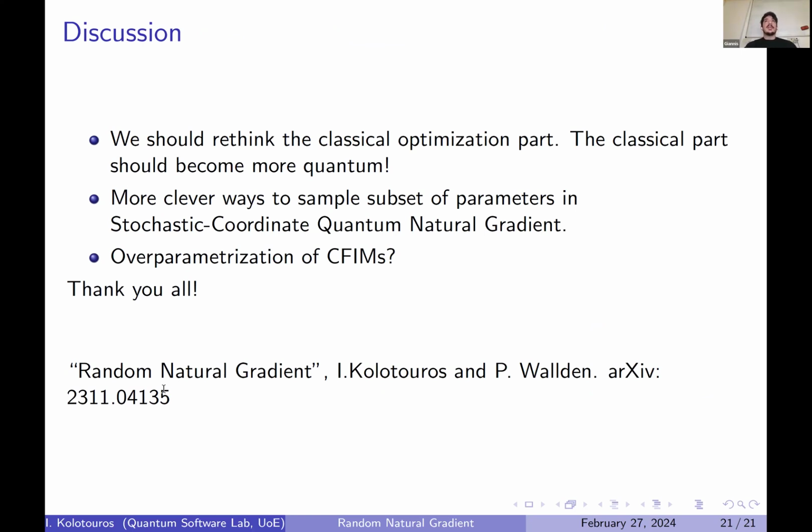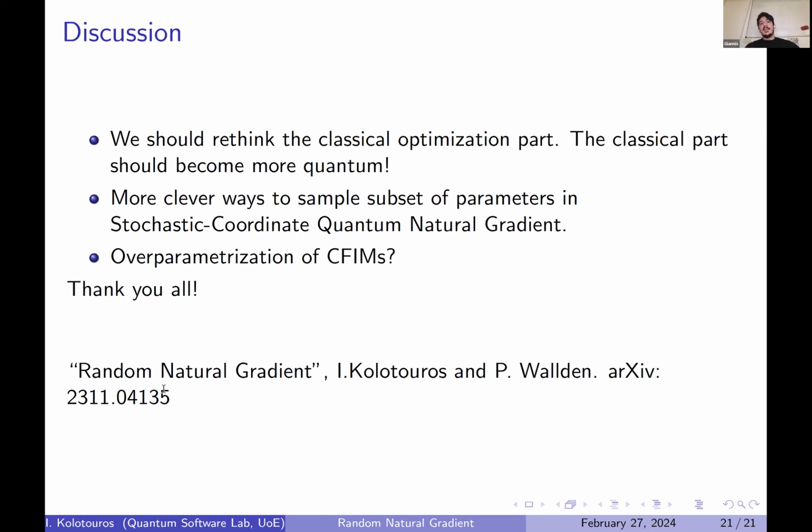The classical computer must take as much information as possible from the quantum state with clever ways during the optimization. The other thing is that we must find more sophisticated methods to sample the subset of parameters in this stochastic-coordinate quantum natural gradient or in other stochastic-coordinate methods in variational quantum algorithms.